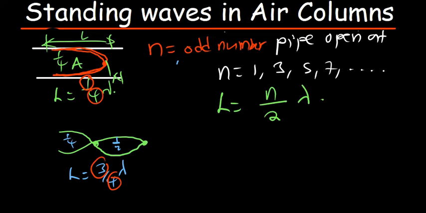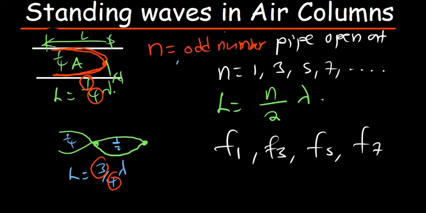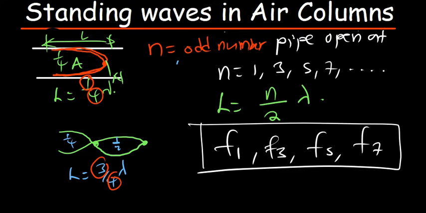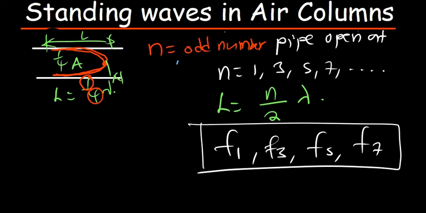So in this case, when the pipe is open at just one end, we expect to have the first fundamental frequency, the third, the fifth, and the seventh, and you keep on going like that, the odd numbers only. So now let's go ahead and derive the formulas. If n is equal to 1, what will be the formula for frequency? The same.